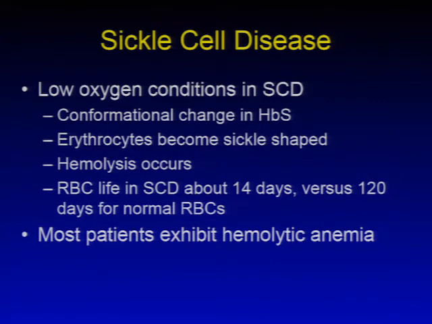Red blood cell life in patients with sickle cell disease averages about 14 days, which is significantly less than the average 120 days for patients with normal hemoglobin molecules and normal red blood cells. So these patients almost universally will exhibit hemolytic anemia because of that very shortened red blood cell life in circulation.